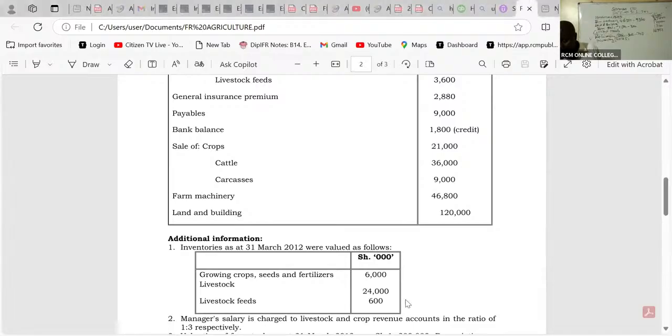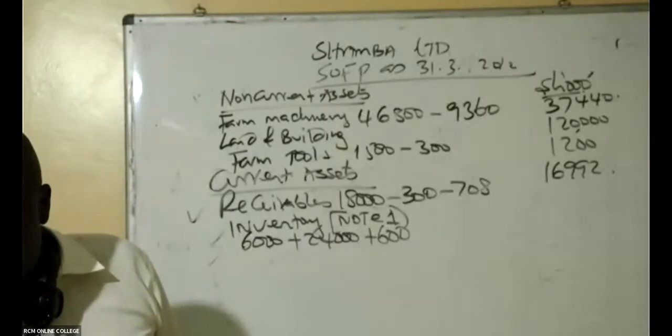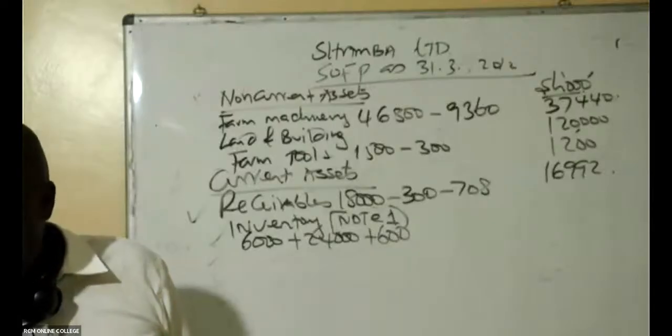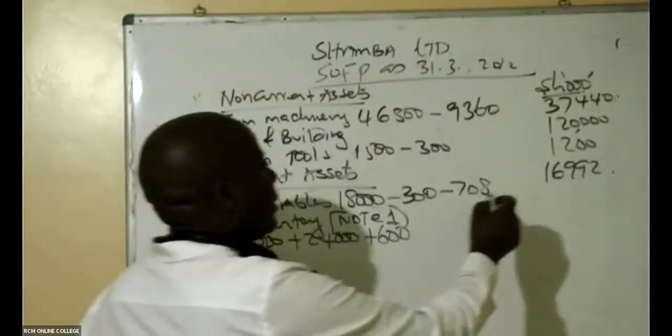You add all of them, 6,000 plus 24,000 plus 600. So can somebody give us this inventory figure? So we have here 30,600.